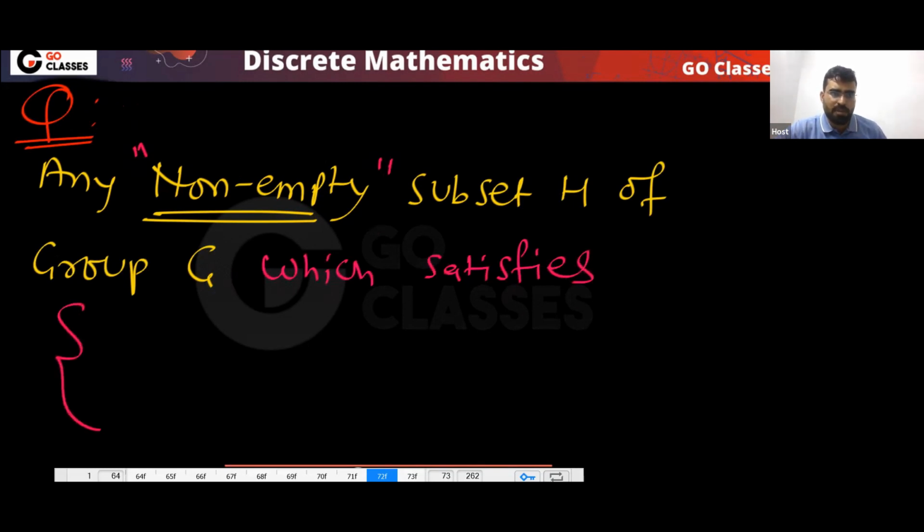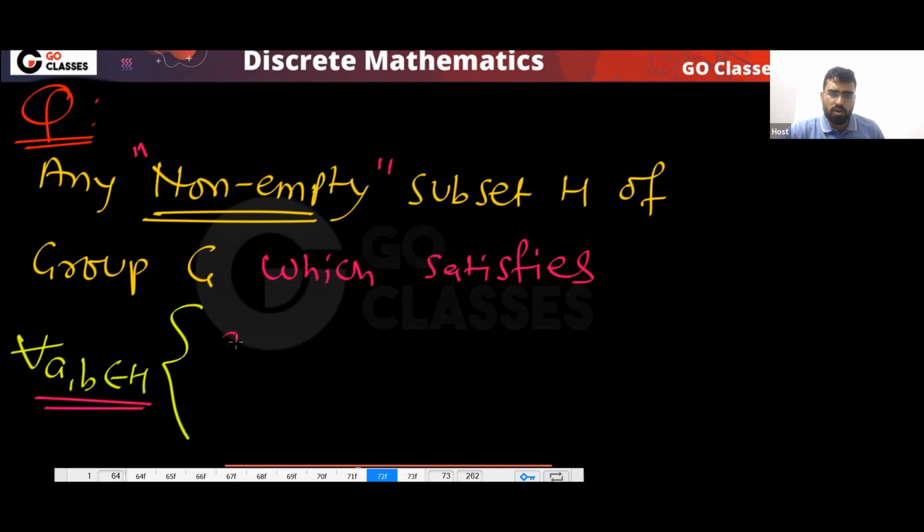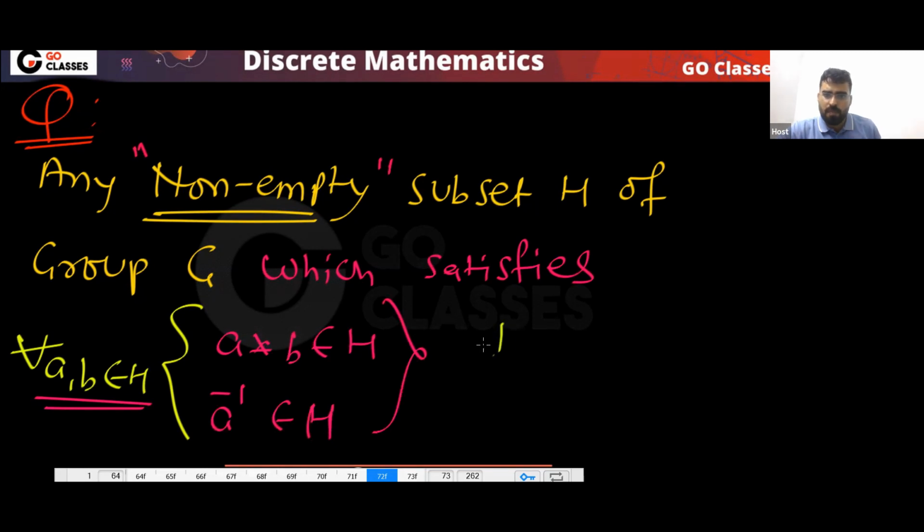For all A, B in H, closure property is satisfied and inverse property is satisfied. So if this happens, then I can say identity element belongs to H. Can I say identity element belongs to H?